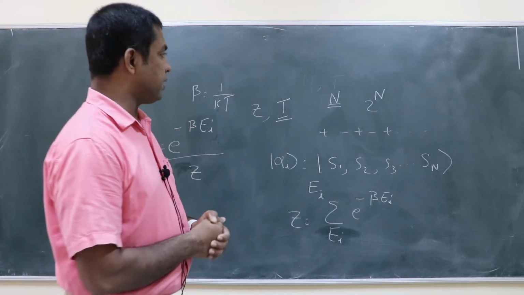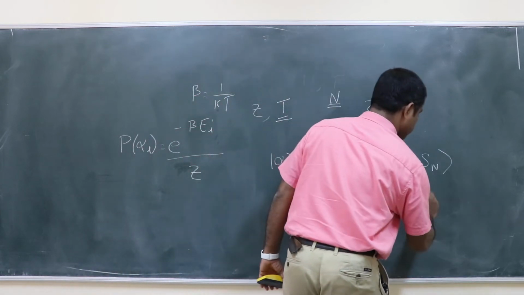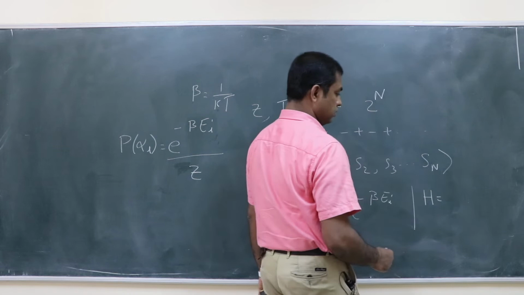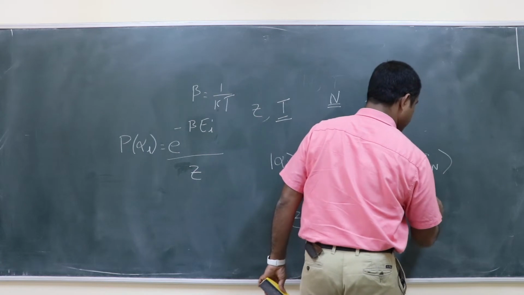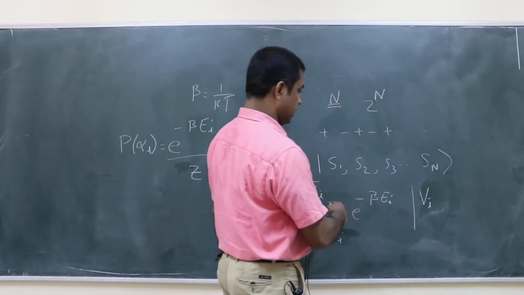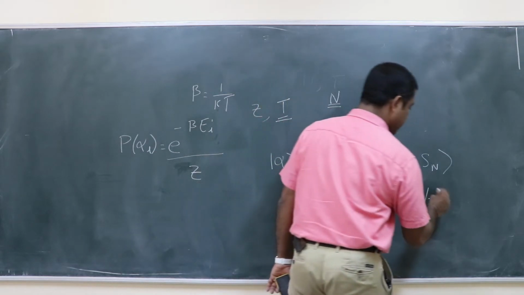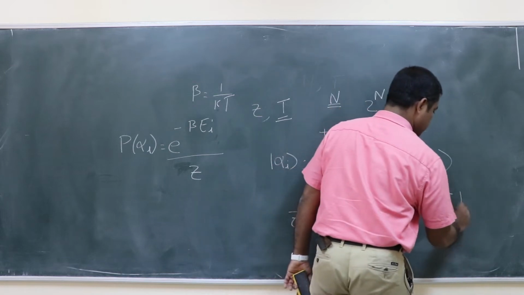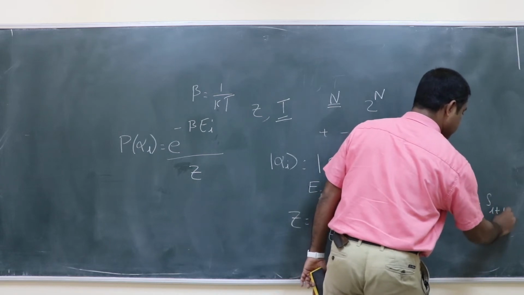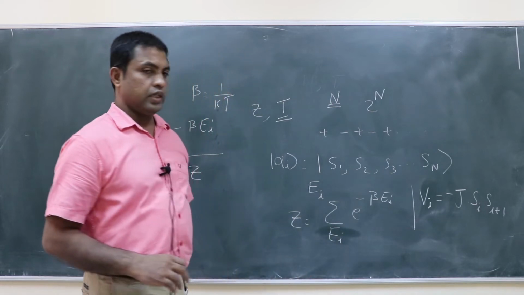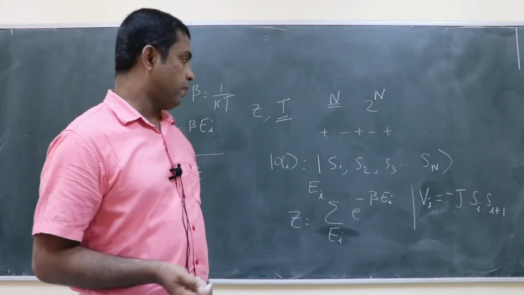If it is a nearest neighbor interaction, the Hamiltonian for the interaction you can write down as H equal to, because here there is only a potential, the VI on one of the dipoles will be equal to minus J SI SJ, where J should be I plus 1, or I minus 1.